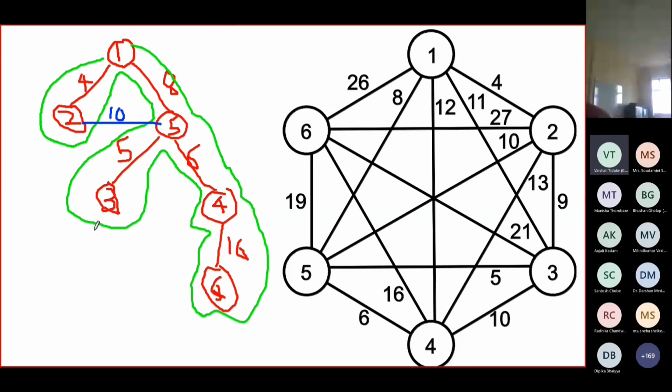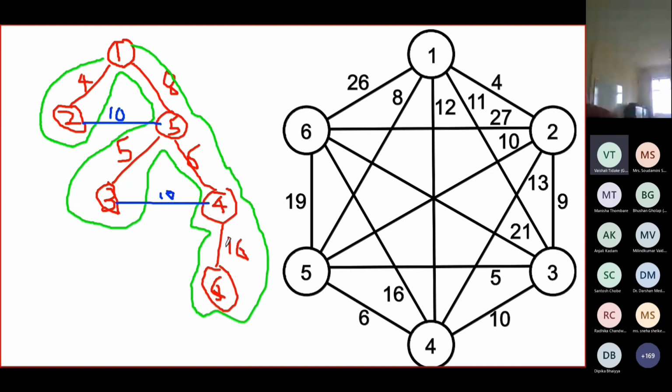Similarly, from 3 to 5 and 5 to 4 you are going, that is 5 you are revisiting. Instead of this, remove 3 to 5 and 5 to 4 and add 3 to 4. So 3 to 4 is nothing but 10. So you can see here 8 plus 4, 12, is replaced by 10. 6 plus 5, 11, is replaced by the smaller distance 10.